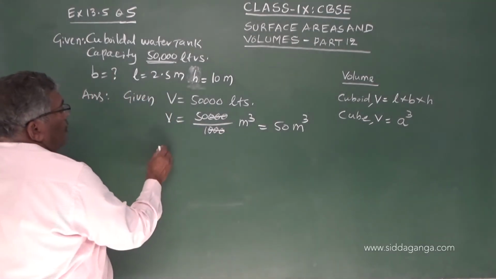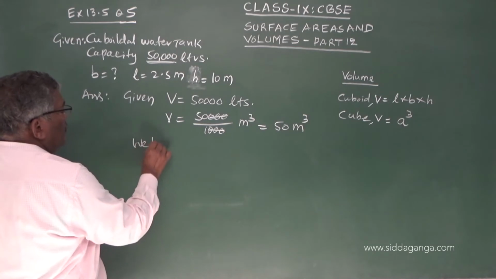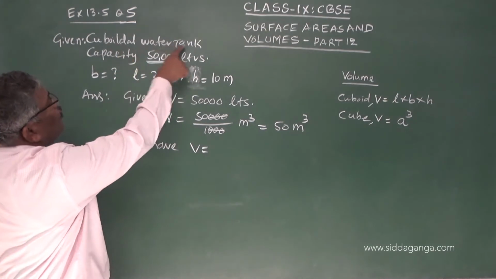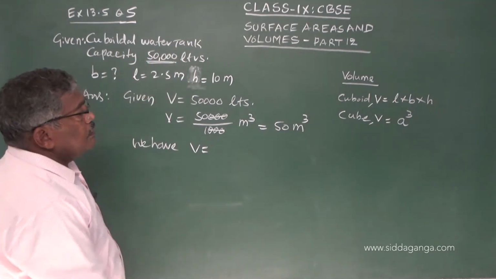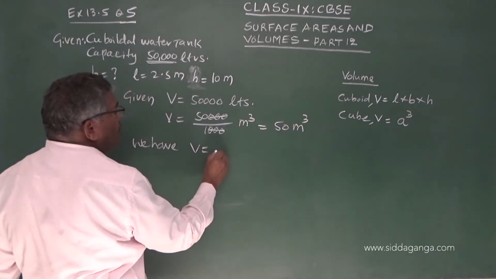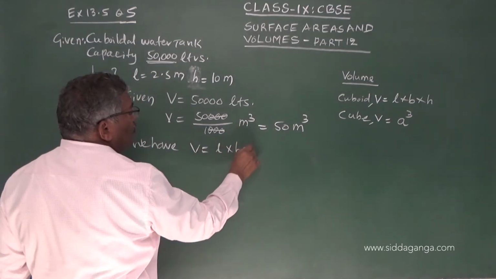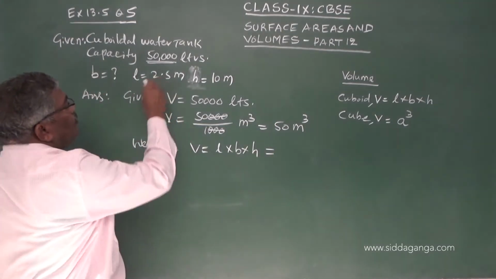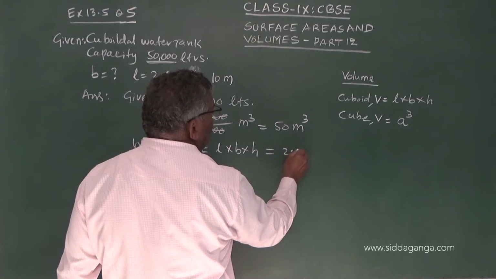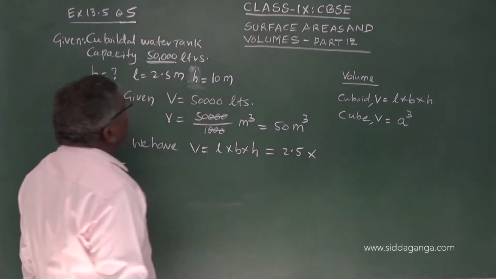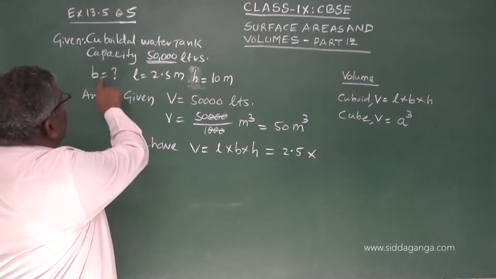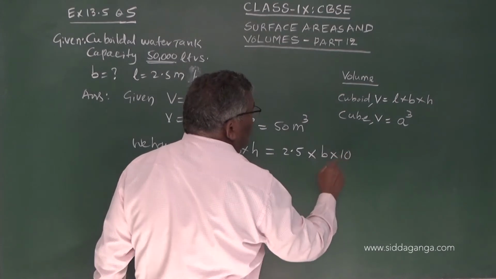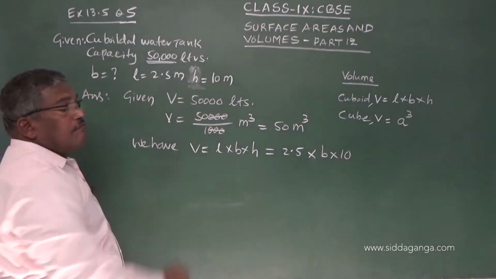So, now we have volume, in case of a cuboidal object, L into B into H. So this equals L is 2.5 meters, it is given, into breadth B, which we are asked to calculate, and H is 10 meters, it is given.